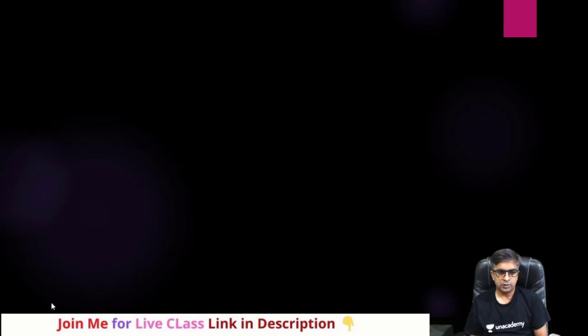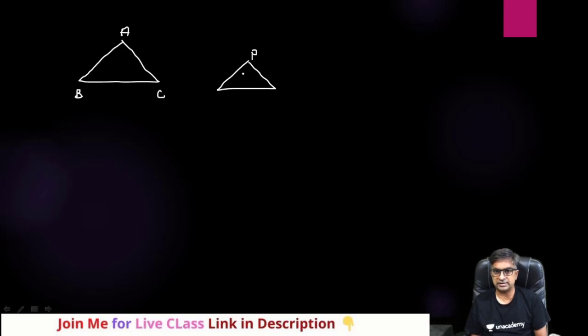Now I am going to teach you some shortcuts. For finding two triangles similar, we have to find that all the angles are equal and all the sides are proportional.